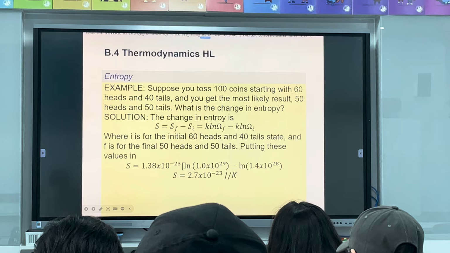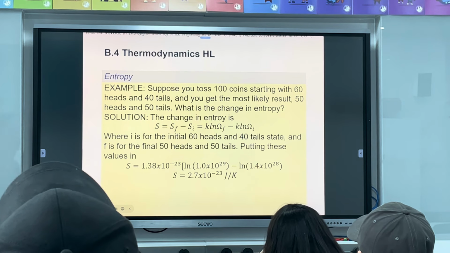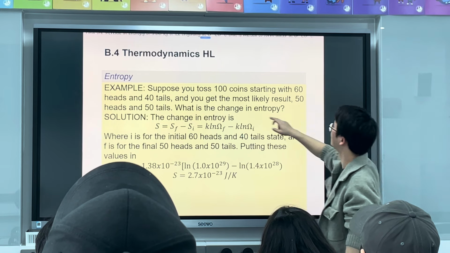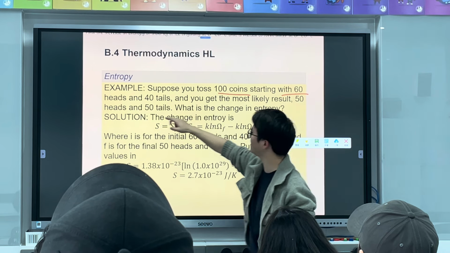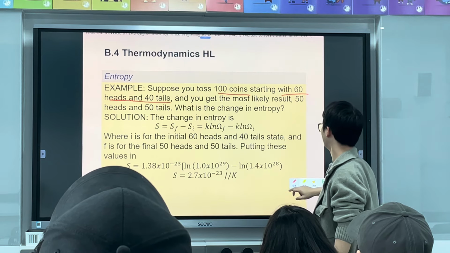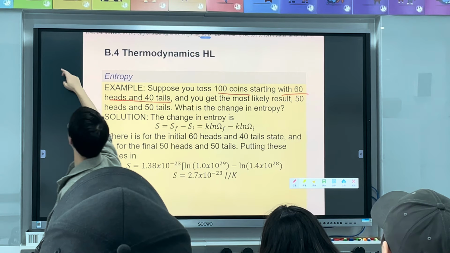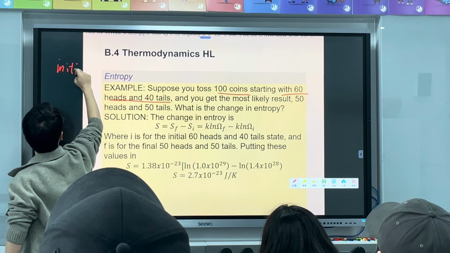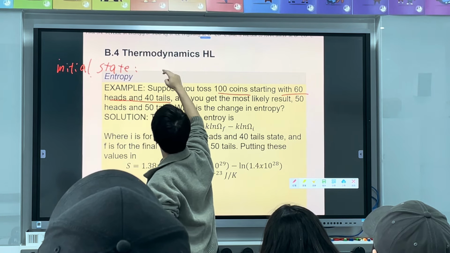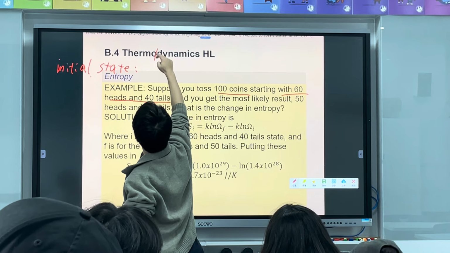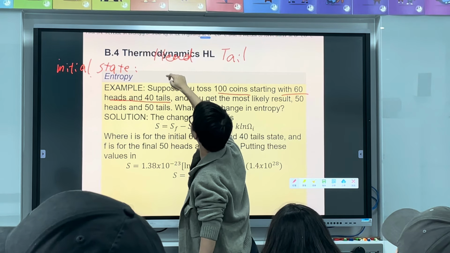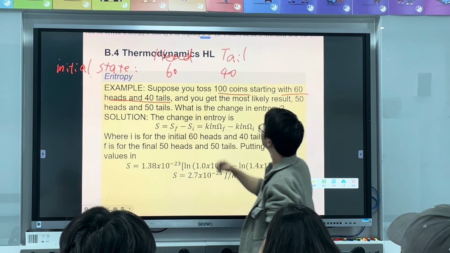So for example, suppose you toss 100 coins starting with 60 heads and 40 tails. So your initial state is going to be, head, tail, 60, 40.